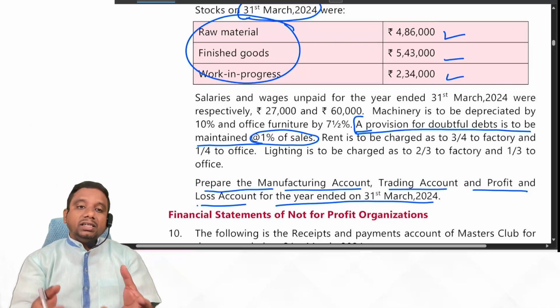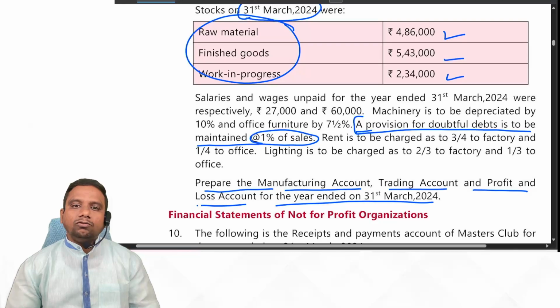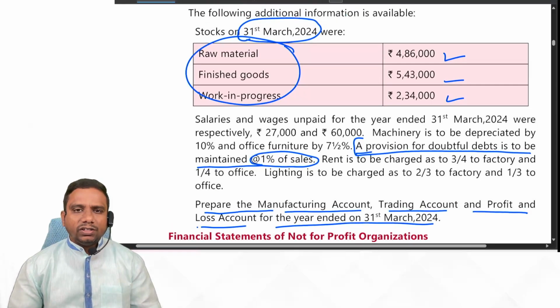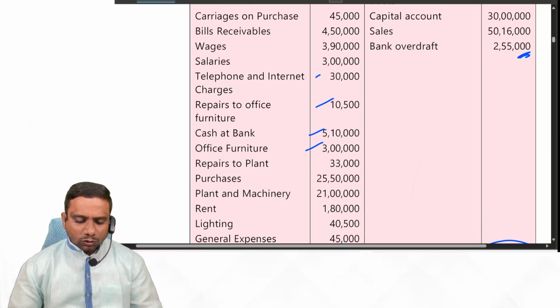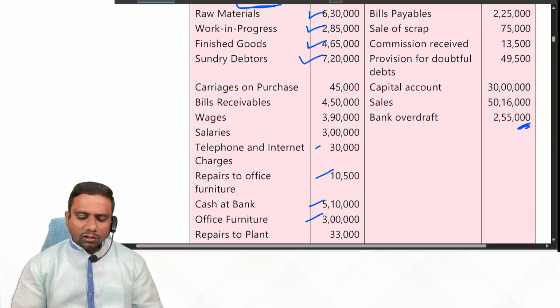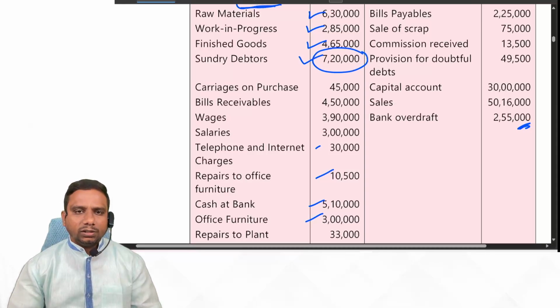Generally, provision is maintained on the closing value of debtors, but they said it is maintained on 1% of sales. If we identify sales, then we can get the provision. Debtors you need not show, since it is shown on the asset side of balance sheet. You can ignore it because they didn't ask for any balance sheet.